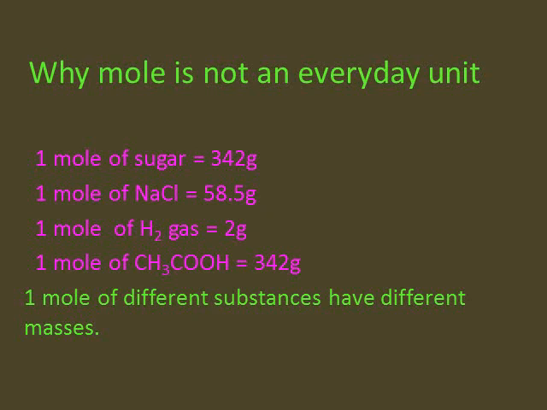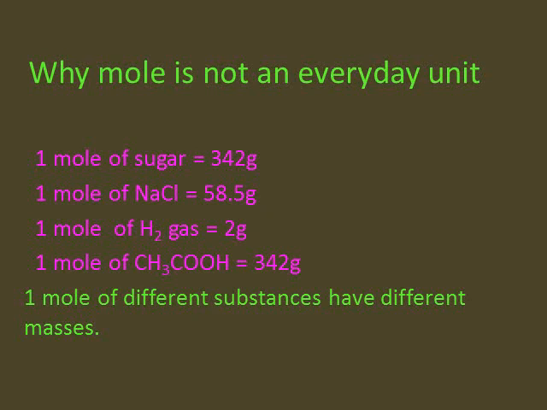Why is mole not an everyday unit? Whenever we go to the grocery shop, we never ask for 1 mole sugar or 1 mole salt. We always take things in kilograms. So why don't we take things in mole? Because 1 mole of different substances have different masses.